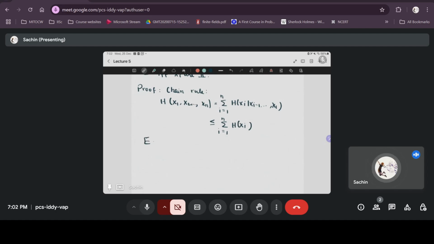And equality holds if and only if the equality holds for all i. That is, xi is independent of x1 to xi minus 1 for all i. Therefore, all xi's are independent.